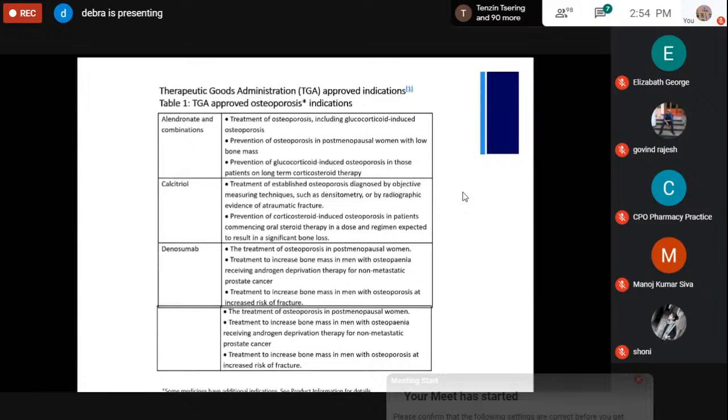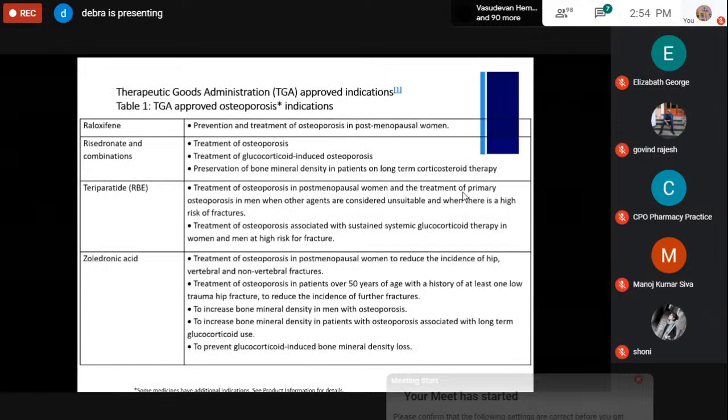So we can see here the other agents. We'd use combination of risedronate with vitamin D and calcium, and that's used for those people who have osteoporosis, but also is approved for those people who have glucocorticoid-induced osteoporosis, and to preserve bone mineral density in those people who are undergoing long-term corticosteroid therapy.